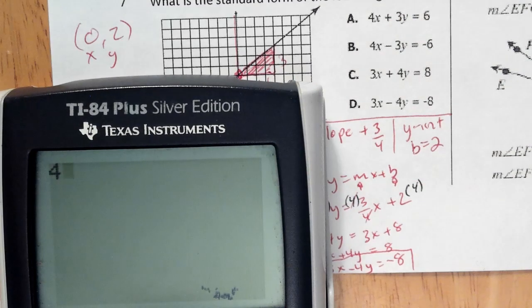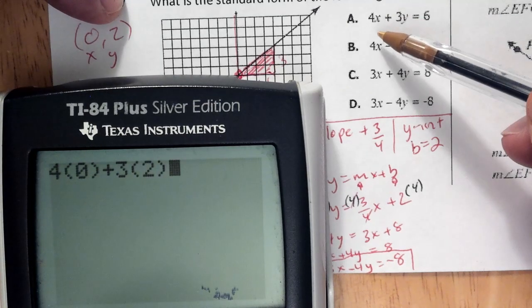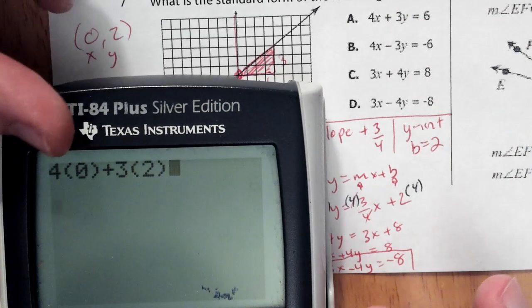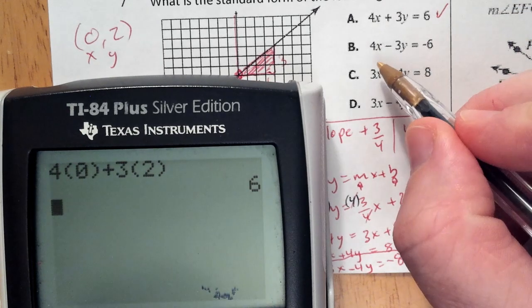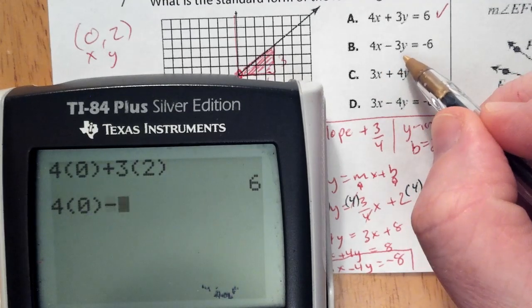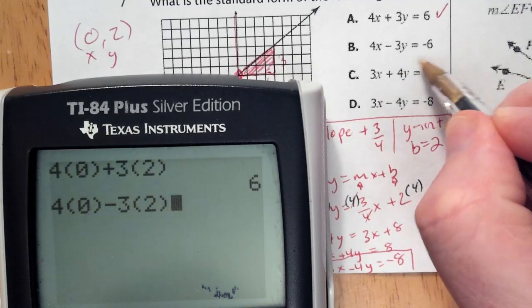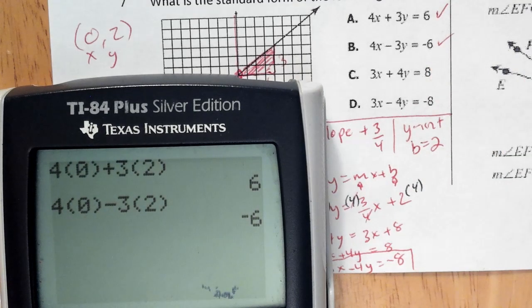So 4 times 0 plus 3 times 2, which is my y. I'm just plugging in my x, my y. Did I pop out with 6? This one's still a possibility. How about 4 times 0 minus 3 times 2? Did I pop out with a negative 6? Ah, shoot. That is still a possibility.